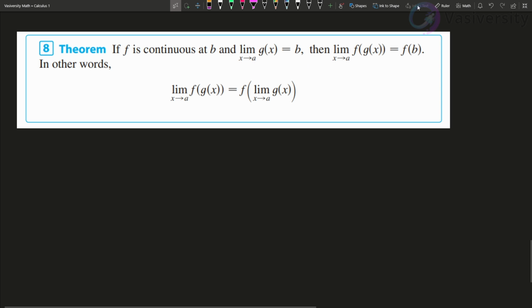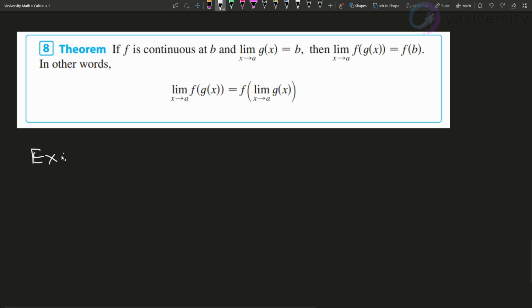This is reasonable because we can use the limit laws, and we can prove through the limit laws that this is going to be the case. Perfect, and we can use it for a function like this.